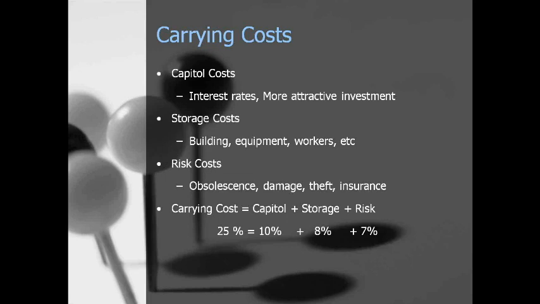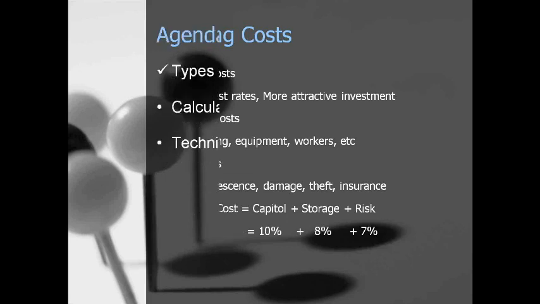What this says is for every dollar of inventory in this location, it costs you 25% of that dollar to store it for 1 year. So if it's $1 of inventory, you store it for a year, it costs you actually $1.25 to have that inventory on hand over a year period of time.